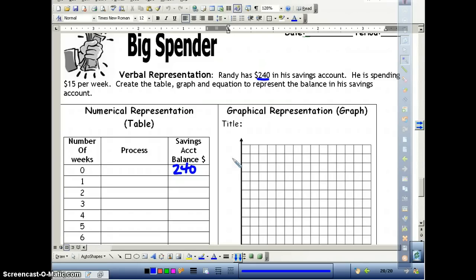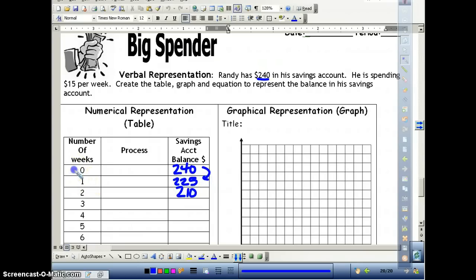Okay, he is spending $15 a week. So at the end of the first week, he has how much money in his account? If we removed $15 from it, he's got $225 in his savings account. At the end of the second week, he's removed a total of 30 from the 240, so he's got 210.